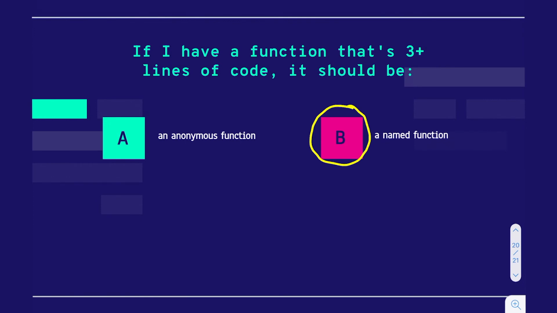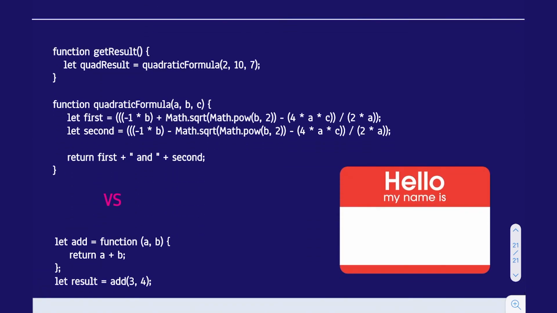Named functions are important not only because when you're naming a function, you're giving it context, but also you might be calling that function more than once, right? So here's an example.